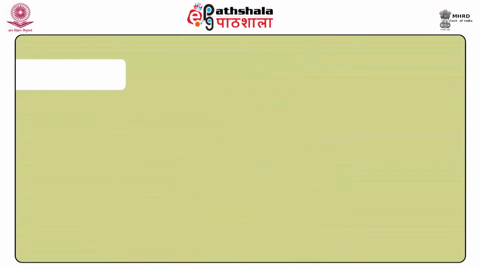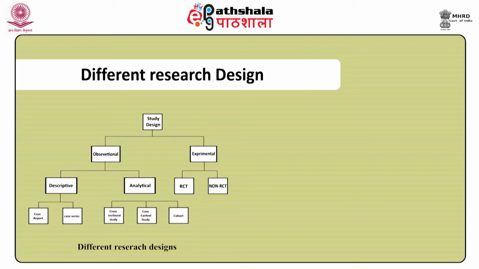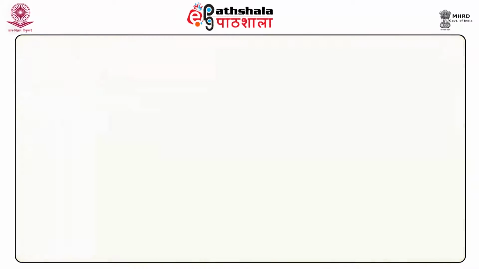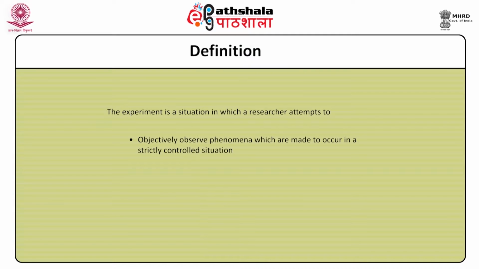Experimental research, when classified under research designs, is classified as conclusive research. That is because in experimental research, you arrive at some very specific conclusion. The researcher's attempt is to objectively observe the phenomena which are made to occur in a strictly controlled situation.